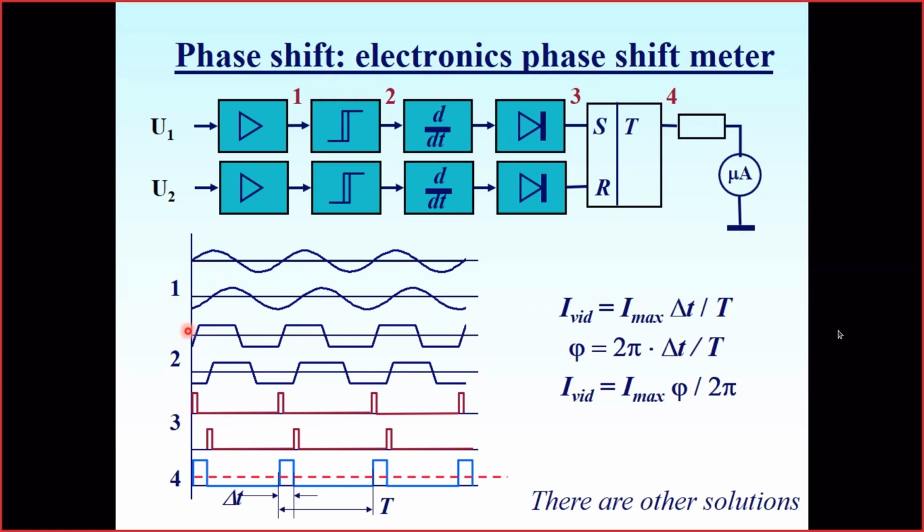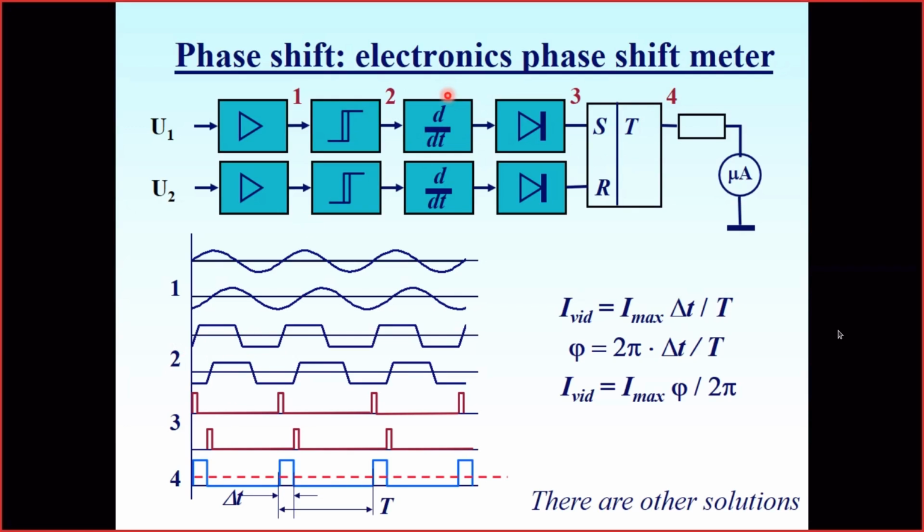Then we send these rectangular pulses to the differentiation circuit. We use a differentiator, and what does the differentiator do? It transforms these rectangular pulses into spikes. We get high positive peaks when the rectangular signal is switching from the low level to the high level, and when the level switches from high to low, we have a high negative peak.